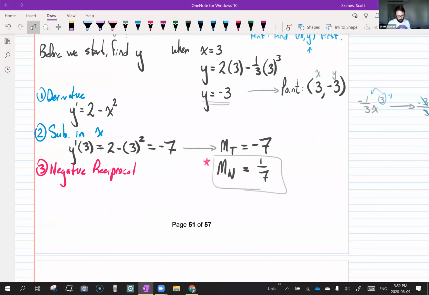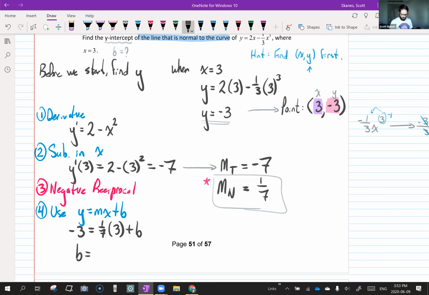That's negative 3 equals 1 over 7 times 3 plus b. And now I can solve for b, which is my y-intercept. If you rearrange this, what do you get? Well, it's negative 3 minus 3 over 7, which is negative 24 over 7. That's my b value.